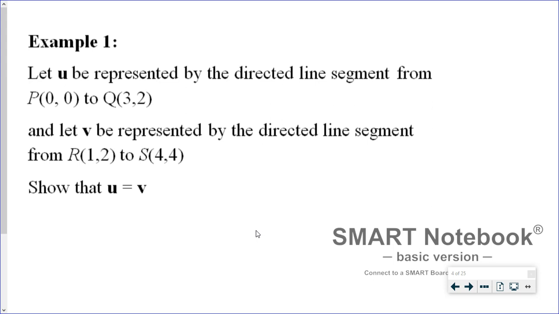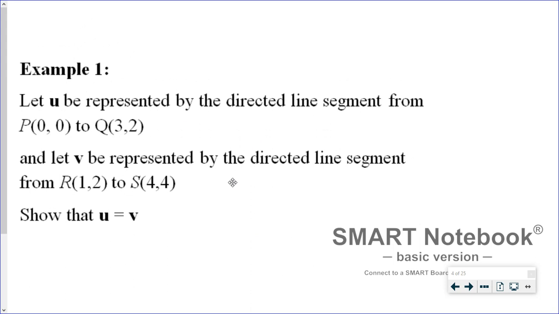Show that u is equal to v. Well, we just said that in order for u to be equal to v, they have to have the same magnitude and the same direction. First we'll talk about magnitude. Magnitude is essentially, like we said, just the length. So we can get that from the distance formula.